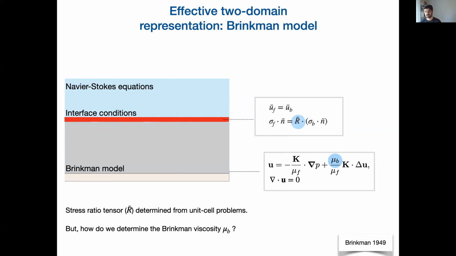Mu B here is the Brinkman viscosity, which is introduced as a free parameter when you include this second order derivative for the velocity.